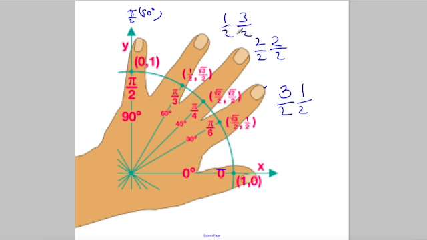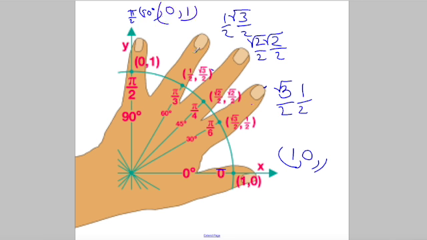And the last thing you're going to want to do is put anything that's not 1 or 2 in the top, anything that's not 1 over or under a radical. So this would be a radical 3, this would be a radical 2, radical 2, radical 3. You end up with everything you need. You have 1, 0, you have 3, 2, 1, and then you have 0, 1. And that'll give you everything you need to know.